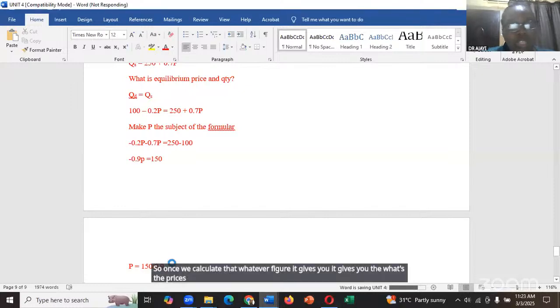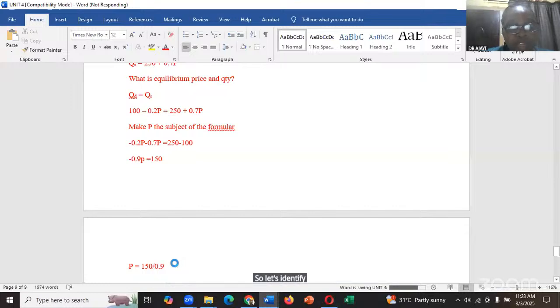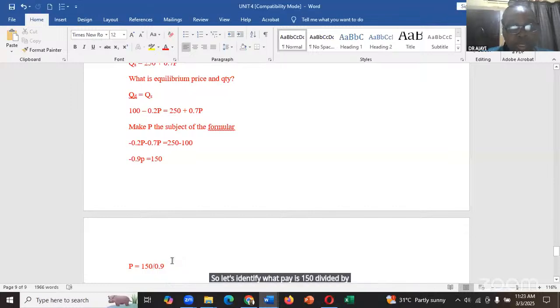So let's identify what P is: 150 divided by 0.9, what value does it give you?